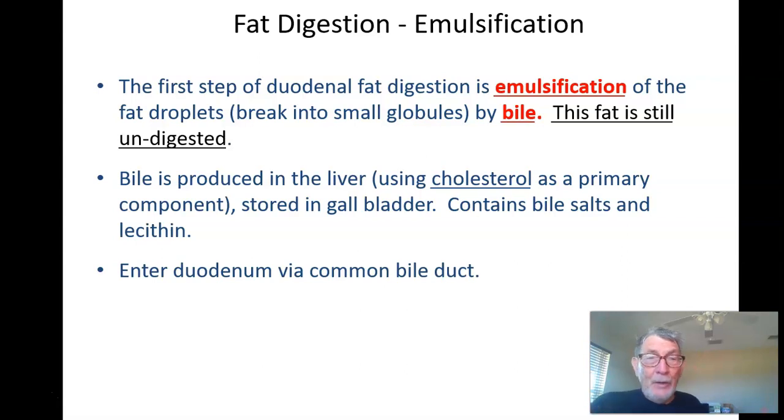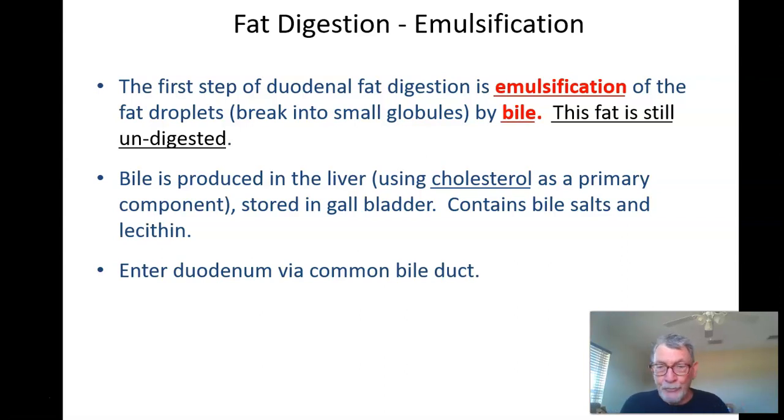So the first thing we have to do is emulsify the fat. The fat enters your stomach and into your intestine in big blobs, like if you dumped fat in your kitchen sink, it would be in big blobs floating on the top. It doesn't dissolve in water. But if you put a bunch of dish soap in there and stir it around really well, it breaks up into more like gravy, into tiny little microscopic droplets that look like they've disappeared.